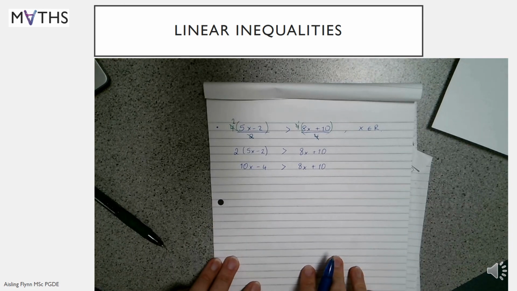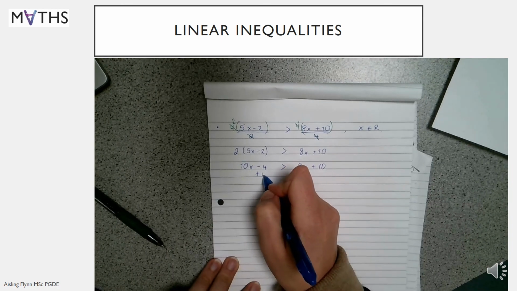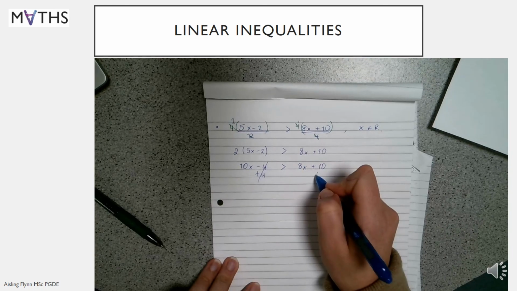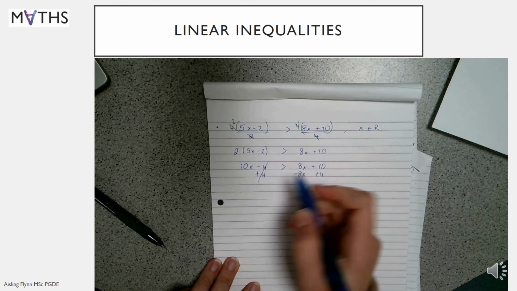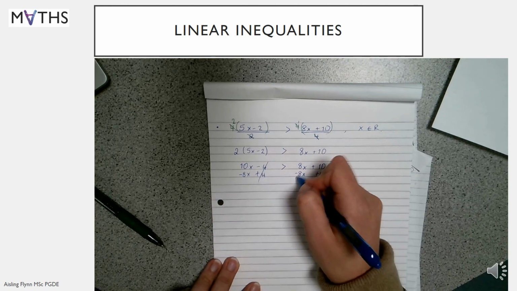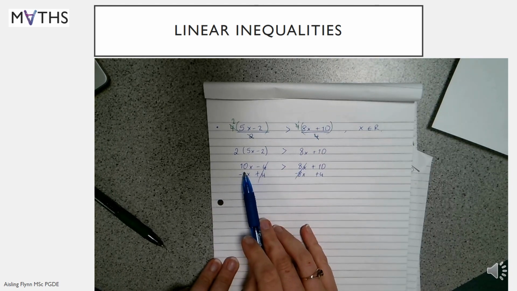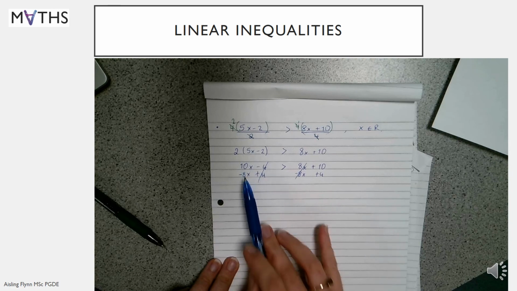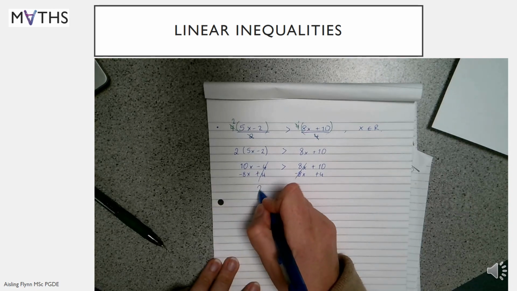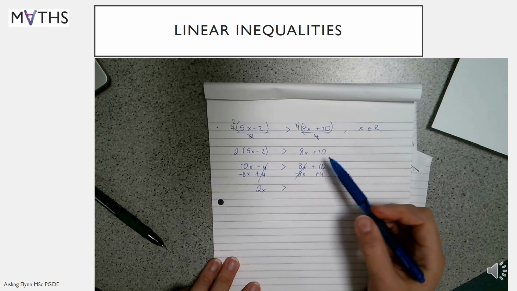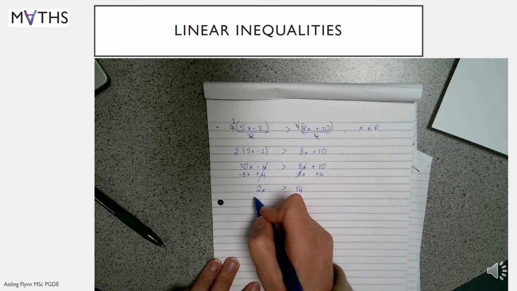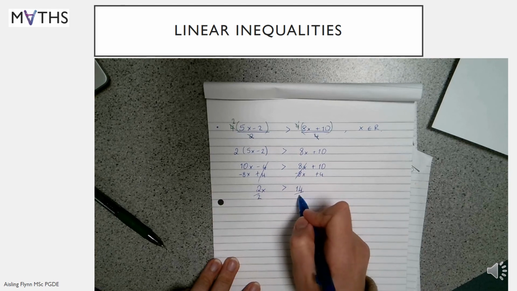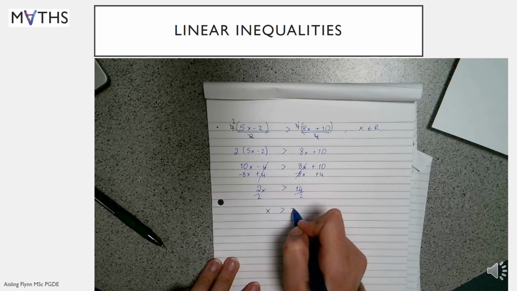So I'm going to add 4 to both sides, and I'm going to take that 8x from the right. And what do I have left? On the left I have 10x take 8x gives me 2x, greater than 10 plus 4 is 14. So divide left and right by 2, and I get x is greater than 7.